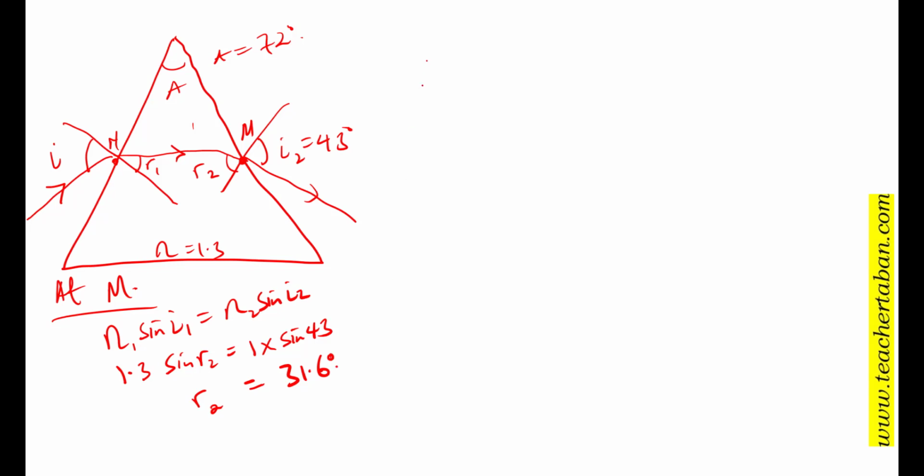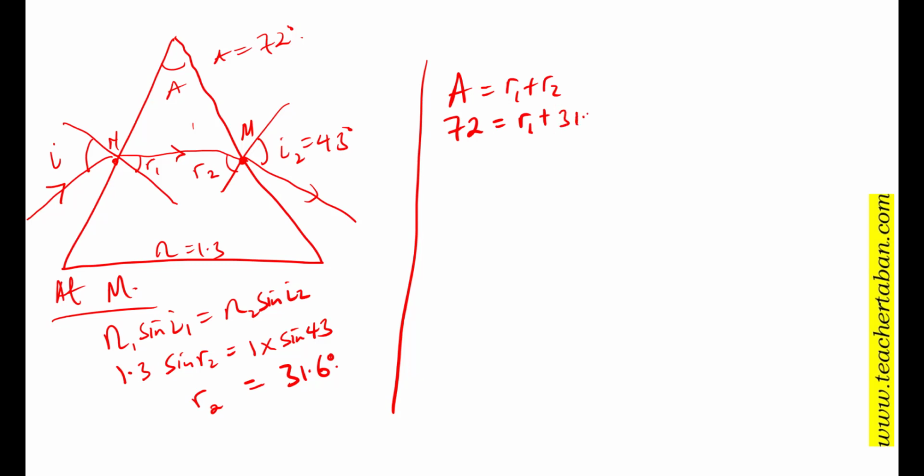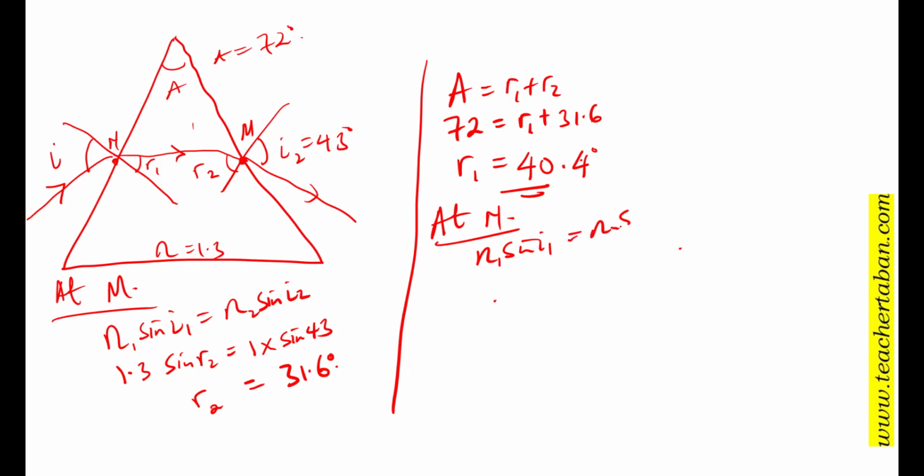When I simplify this, I'll find my R2 as equal to 31.6 degrees. So once I get the R2, from A is equal to R1 plus R2, this is 72 equals R1 plus 31.6. So my R1 will be equal to 40.4 degrees. After having got that, applying Snell's law at N, N1 sine I1 is equal to N2 sine R1.